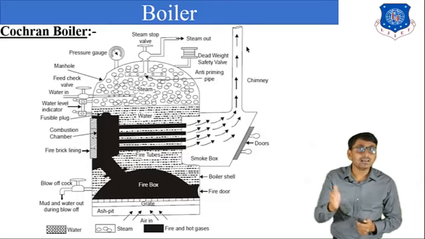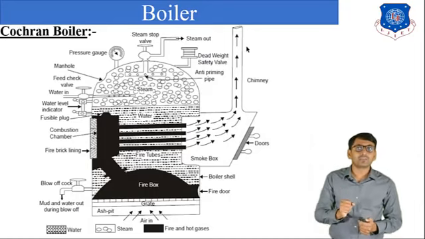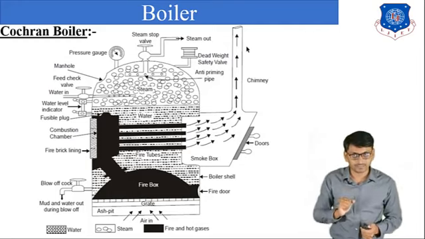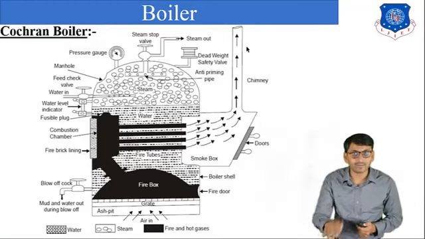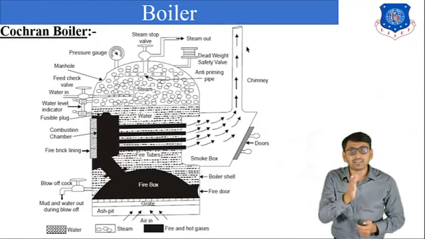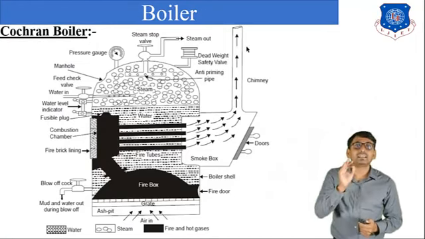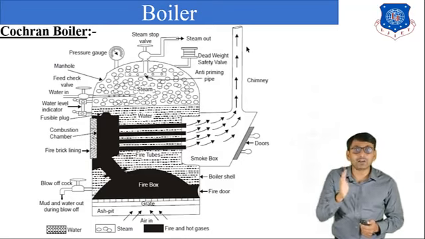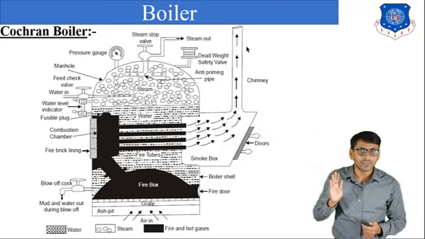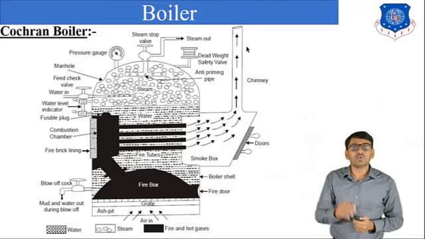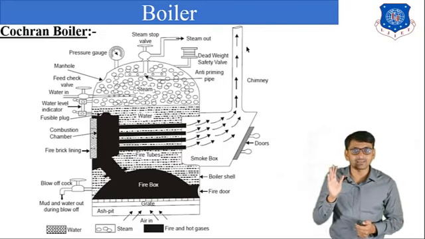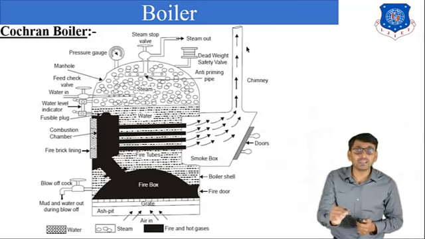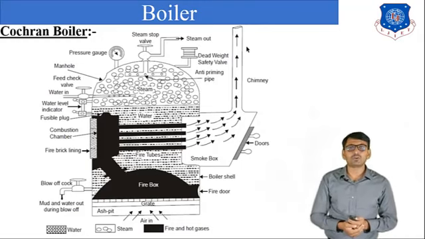The steam stop valve is also attached at the upper side of the boiler. Then the blow off cock, which is attached at the bottom side, releases water containing dust particles and sediment at a particular interval of time. That is the function of the blow off cock. All these are the boiler mountings which are used for the safety of the boiler. So this is about Cochran boiler.